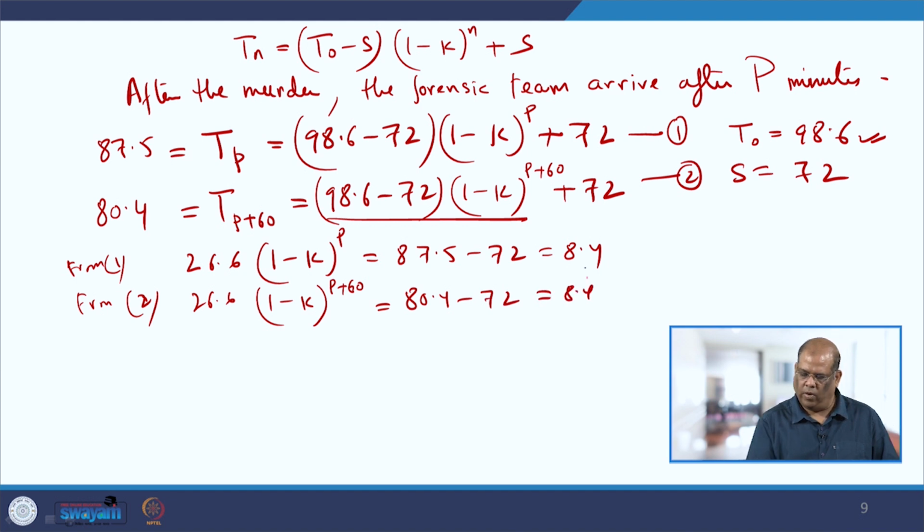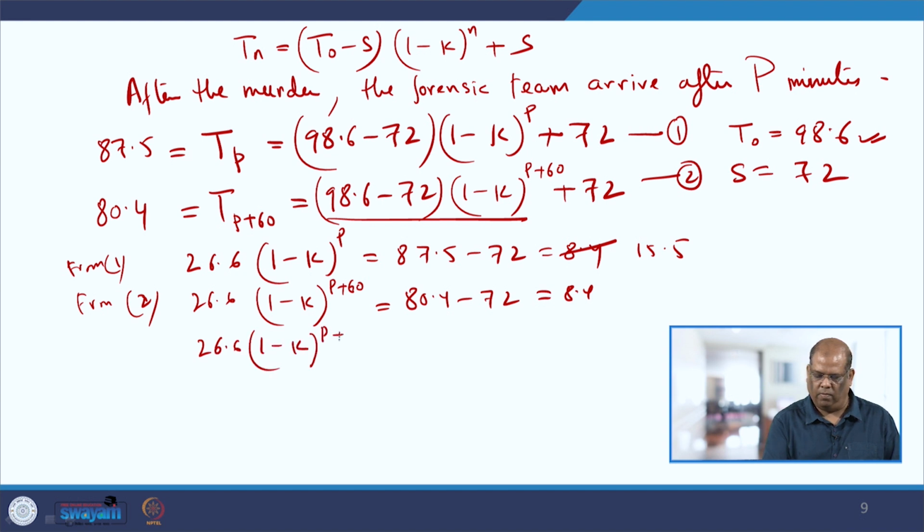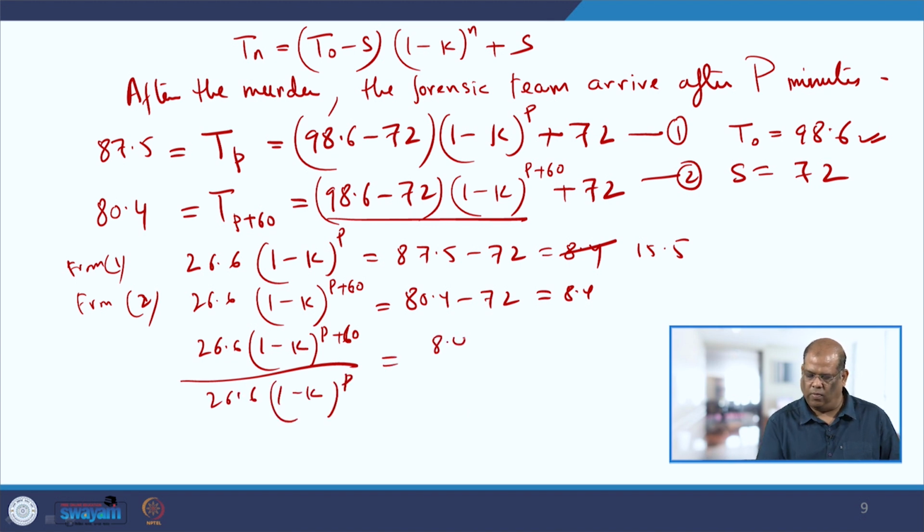This is 8.4, sorry, the first is 15.5. Okay, so now what you do is you just divide. So, I will divide 26.6 into (1 minus k) to the power p plus 60 by 26.6 (1 minus k) to the power p, which is equal to 8.4 by 15.5.